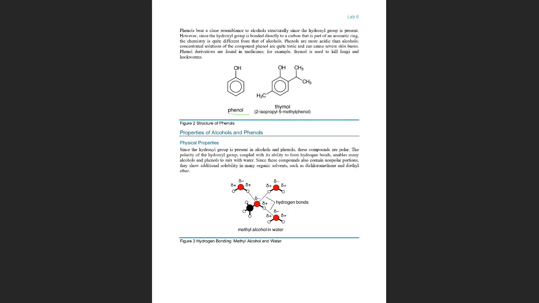Like here, this carbon that is bonded to the hydroxyl group is part of an aromatic ring. Then we call it a phenol. So this is a phenol. And look at this. Is this a phenol? Yes. Why? Because the carbon that is bonded to the hydroxyl group is part of an aromatic ring.